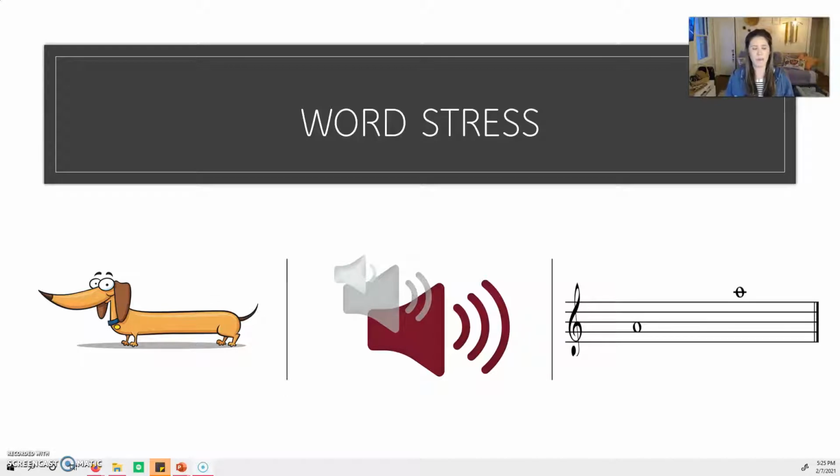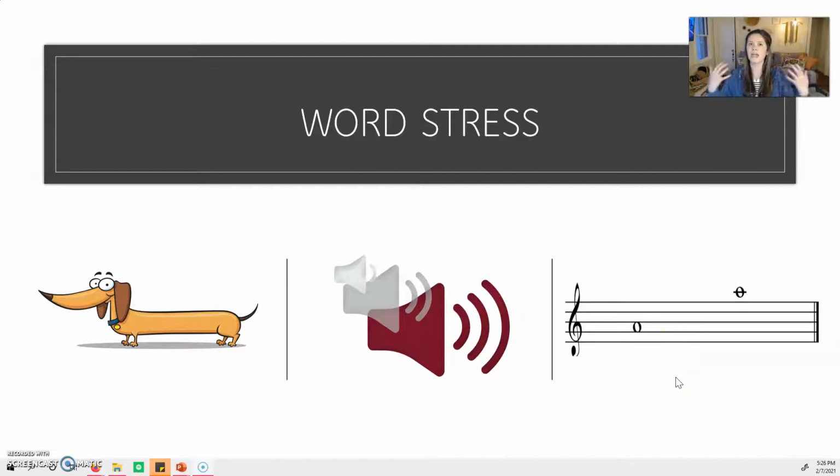But basically, the three main components of a stressed syllable are that the syllable is going to be longer, louder, and higher in pitch. We'll have a look at this in just a minute.